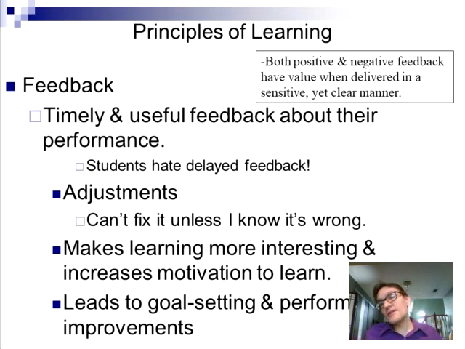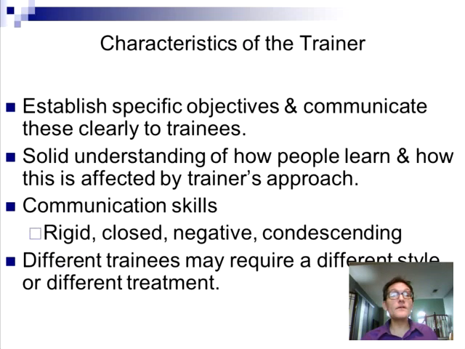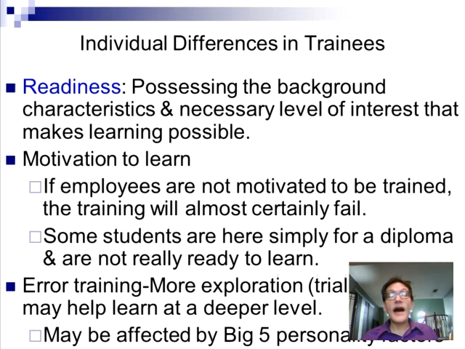Feedback allows for adjustments. How do you fix it if you don't know what's wrong? Feedback can make learning more interesting and increase motivation. It can lead to goal setting. It can improve performance. So clearly, feedback has some real interesting uses.